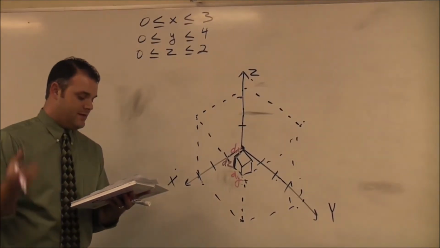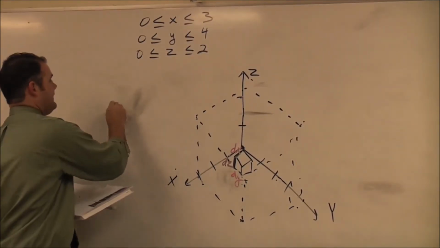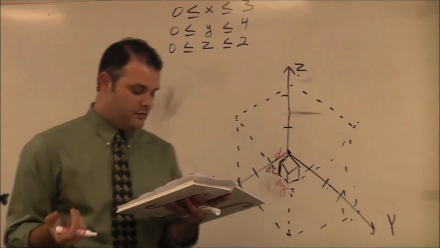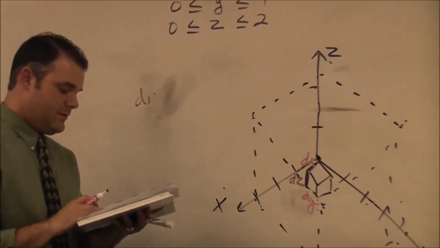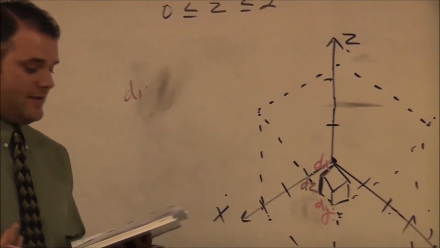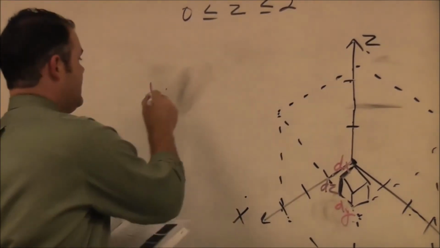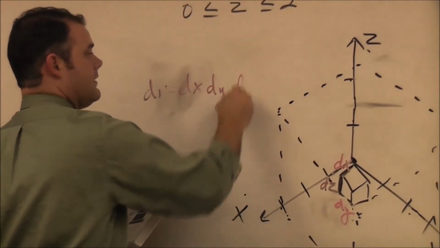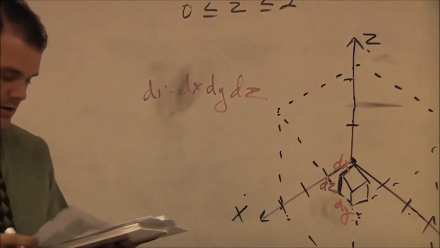A small volume within this larger volume you could call dv, the volume differential, which would be the width times the length times the height. So that would be dx times dy times dz.